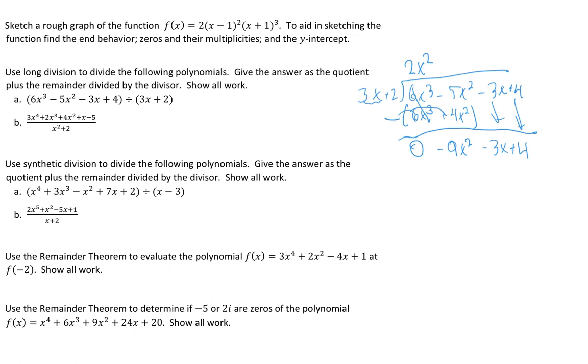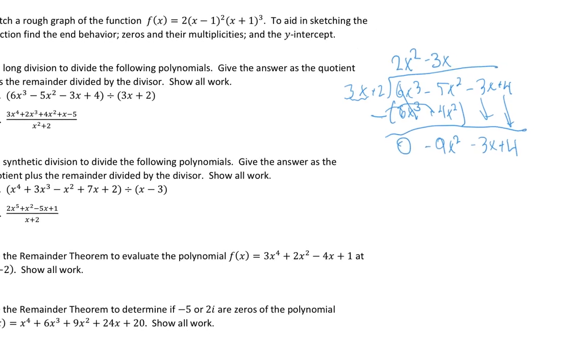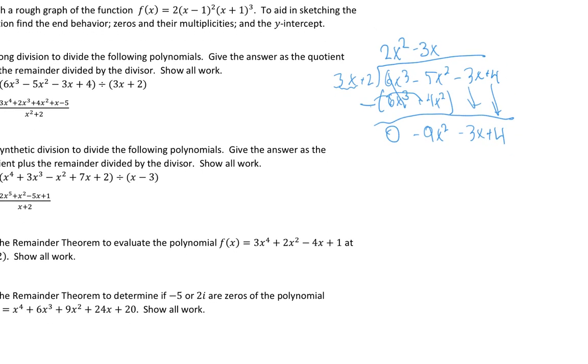Now, what do I need to multiply 3x by to get to minus 9x squared? Well, to multiply 3 to get to minus 9, you need a negative 3. To go from x to x squared, we need another x. So I'll go ahead and subtract.